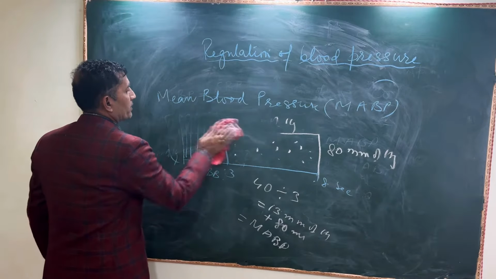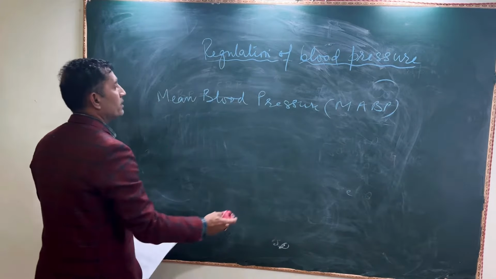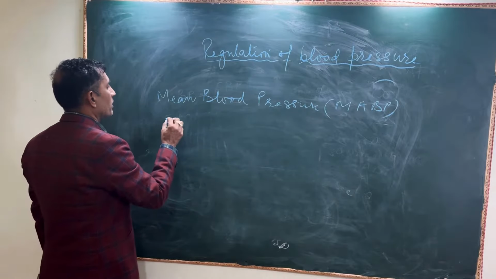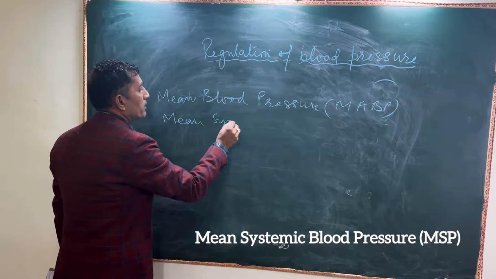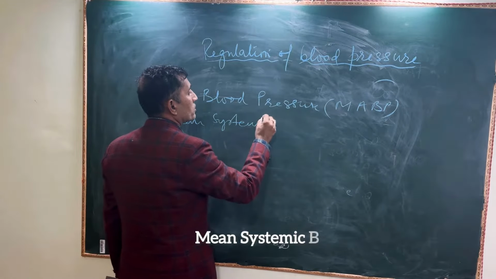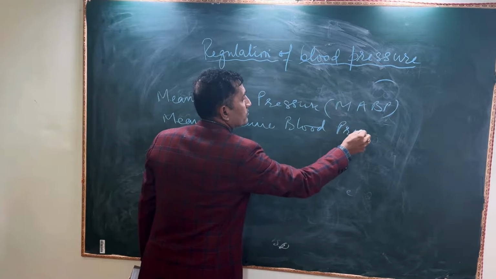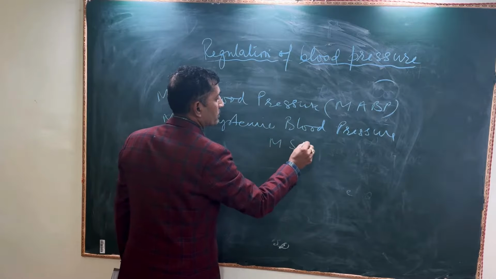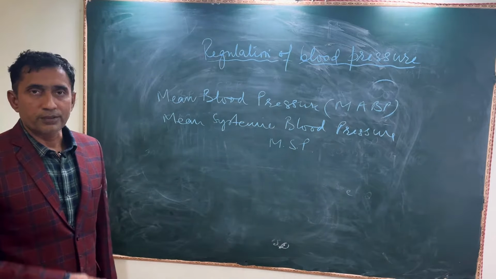Coming to another pressure, that is mean systemic pressure. This is mean arterial blood pressure, and another is mean systemic blood pressure, that is MSP, mean systemic pressure.